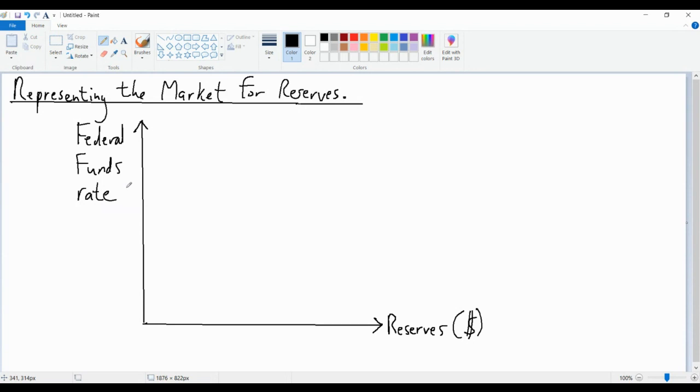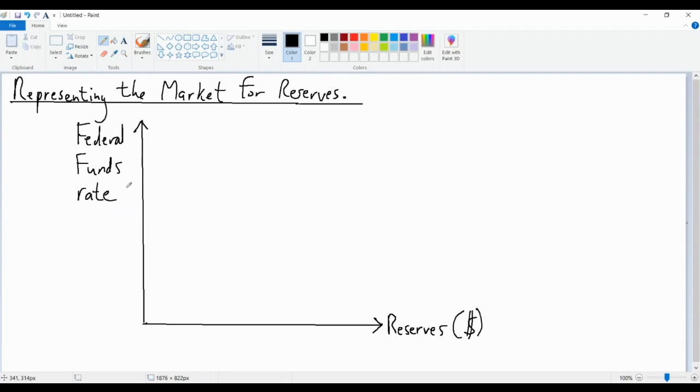Then on Monday last week, I said, let's try and think about this intuitively. First, let's think about the demand. Who is on the demand side of the market for reserves? Well, it's all the banks. All the banks need some reserves for their balance sheet.